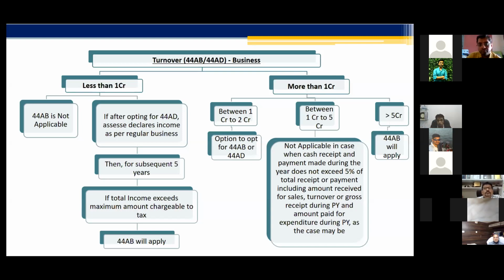Now, if I opt for 44AD, I offer 8% or 6% for tax depending upon whether it's bank turnover or cash turnover. Then I get an exemption under 44AD and I do not have to carry out the audit.